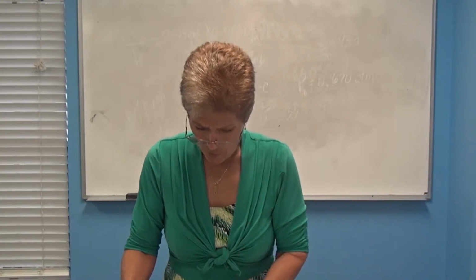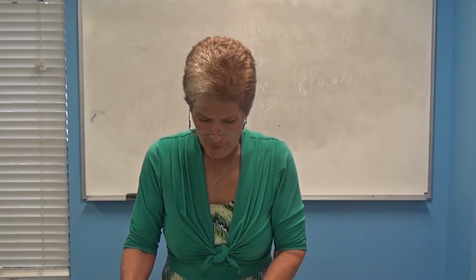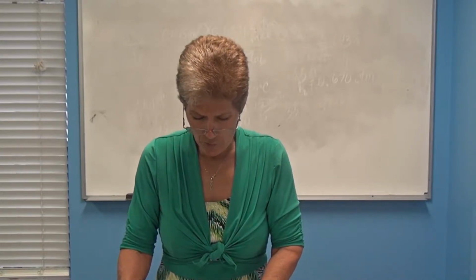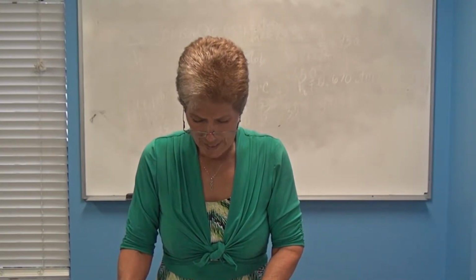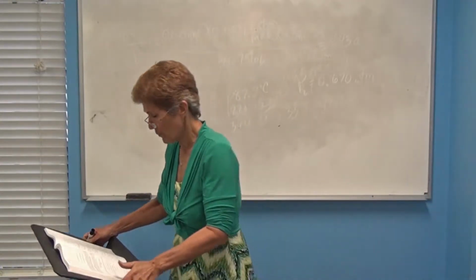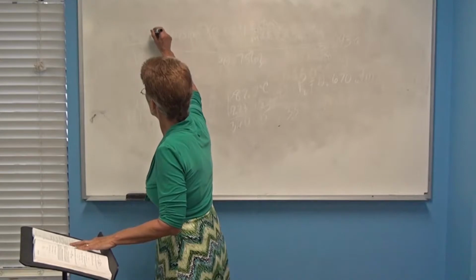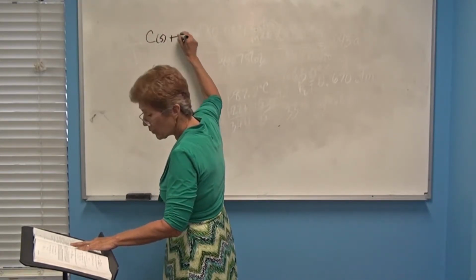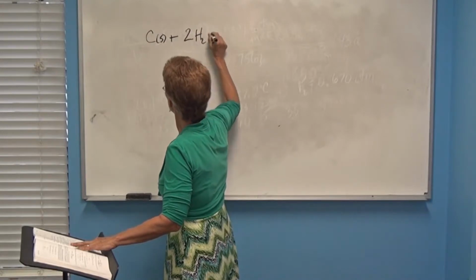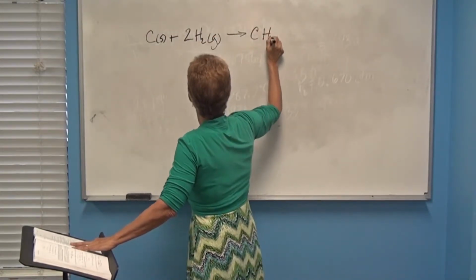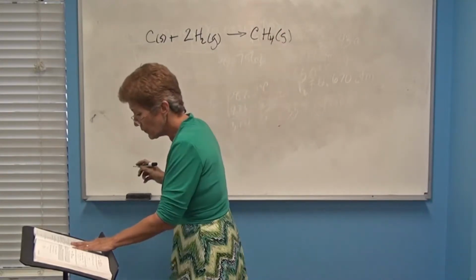So that was number 8. Number 9, the following reaction is done at STP. If the reaction produces 145 liters of methane, how many liters of hydrogen gas were consumed? Okay, so we have C plus 2H2 gas yields methane gas.